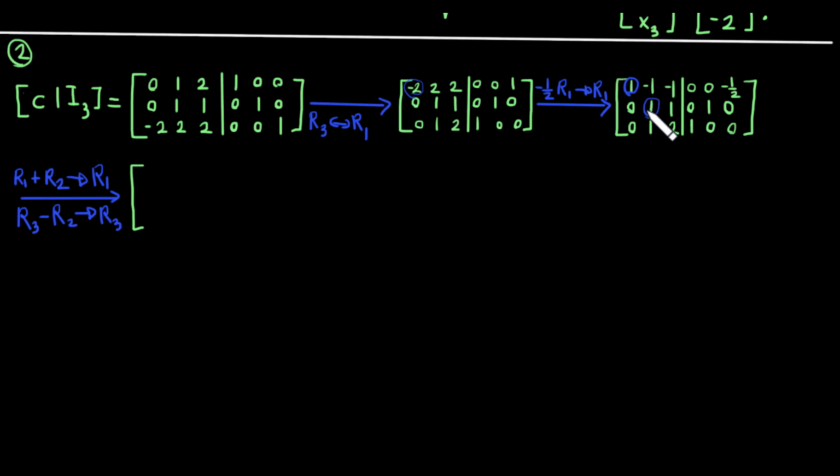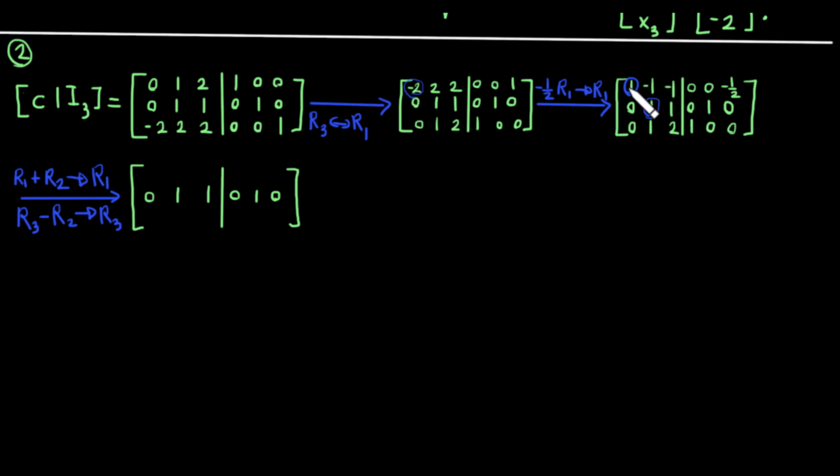Since I will not change anything with this row, I will speed it up to write this row. So we have to add row 1 with row 2.